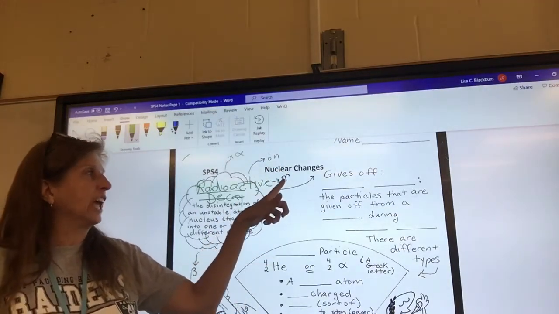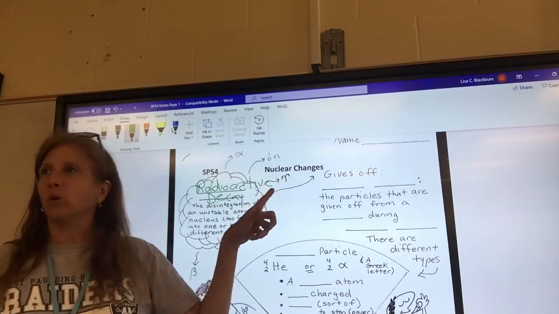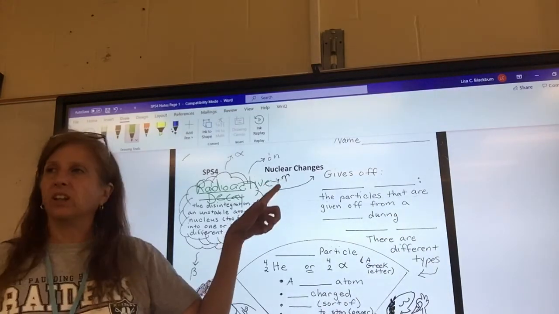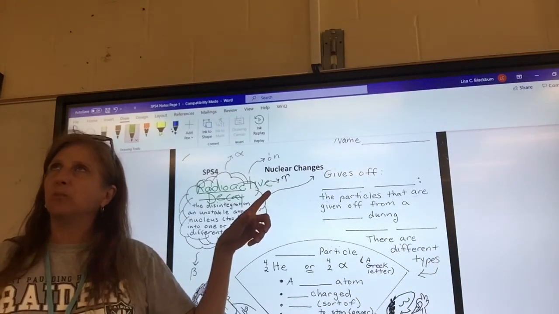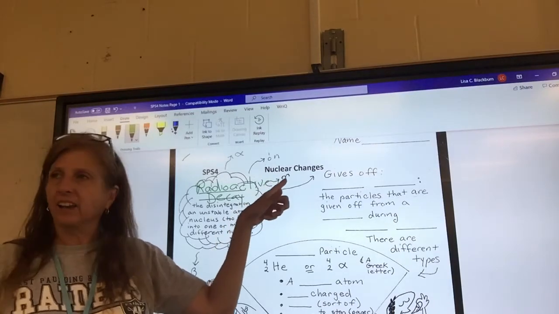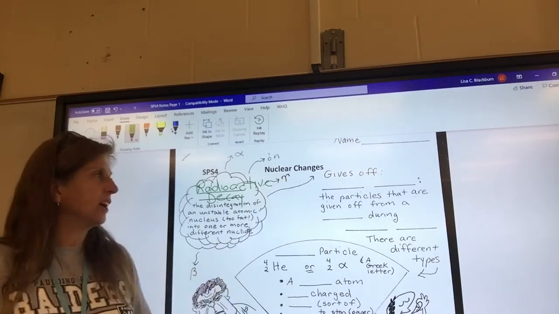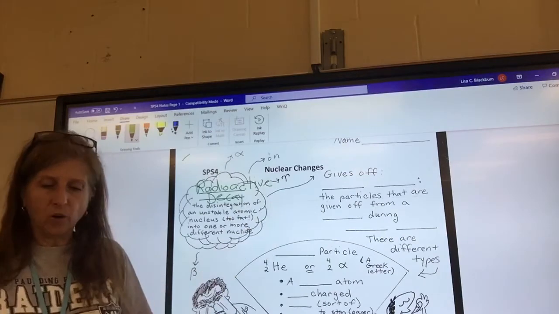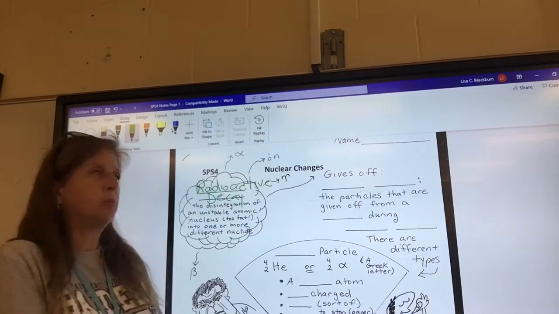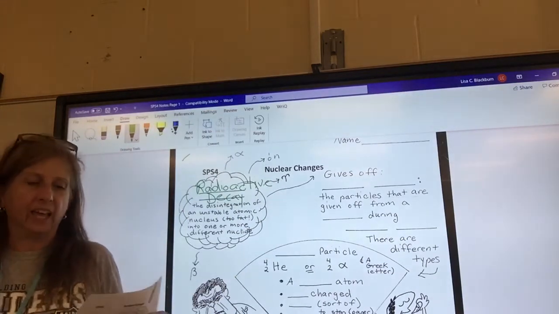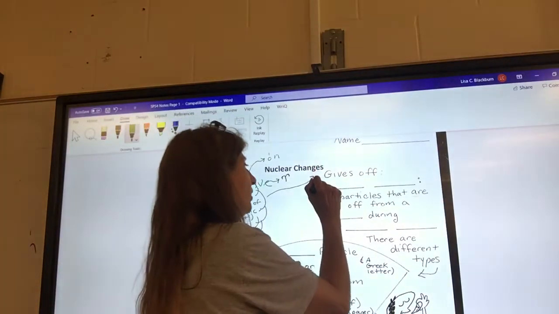There's another one called gamma. It looks like little ram's horns. If you have ever looked at horoscopes, the symbol for Aries is that. So that's another kind. When it falls apart and has radioactive decay, it gives off nuclear radiation.